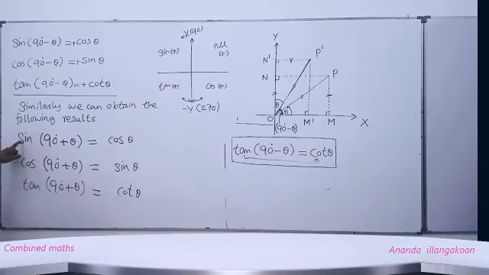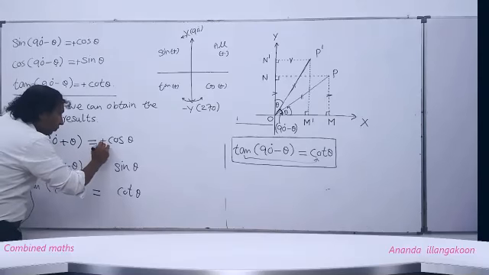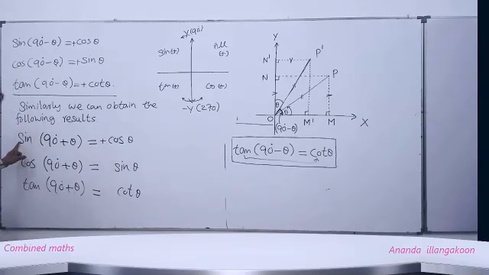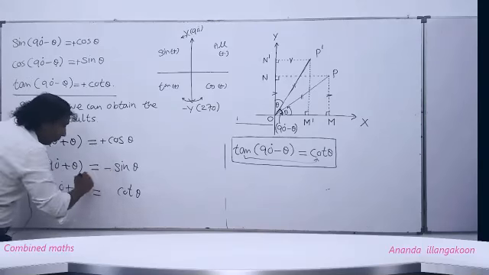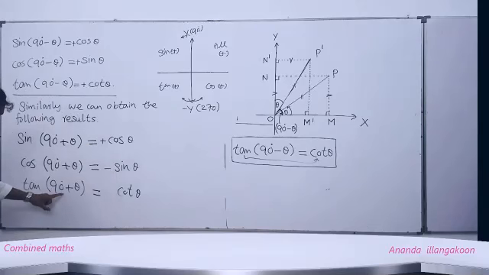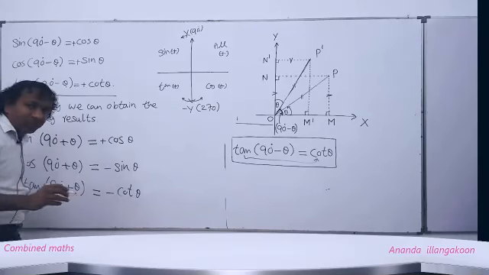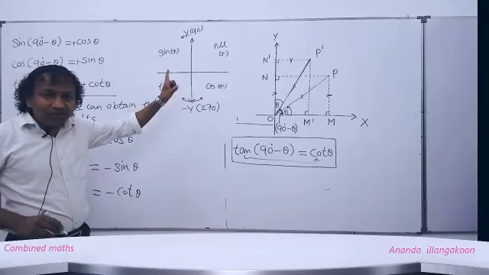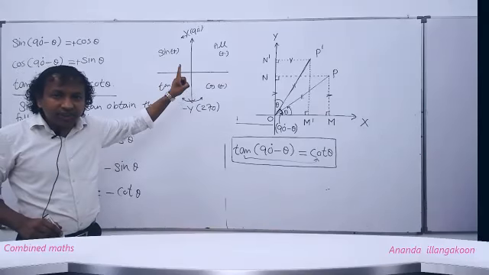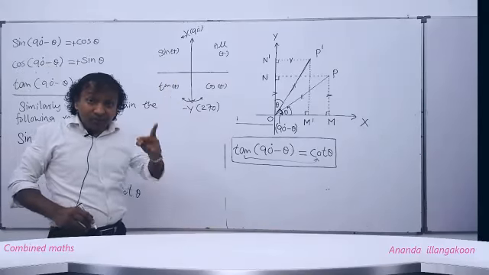Therefore, here we have sine positive. Second quadrant cos negative. Second quadrant tan also negative. Why? All Silver Toy Cars. Second quadrant only sine is positive, the rest two are negative.